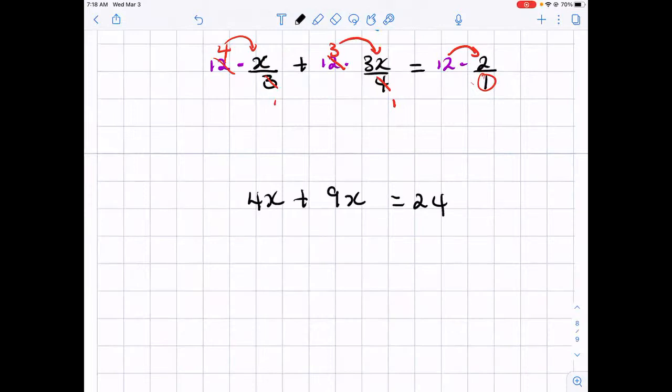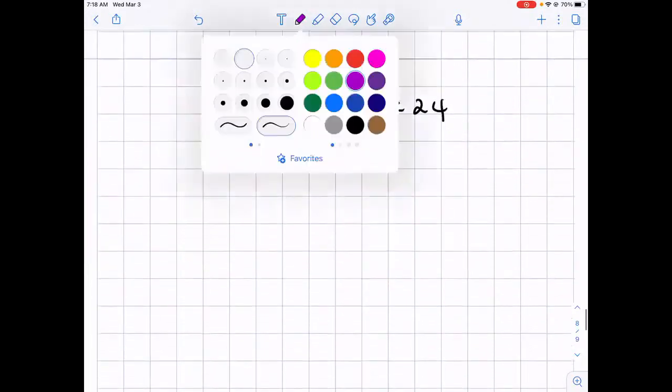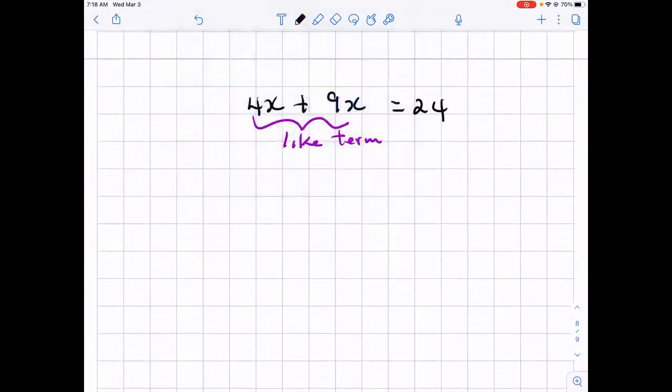So now what we do, we combine like terms. So if we combine the like terms, we have 9 plus 4 is 13x is equal to 24. And to get x by itself, we will divide both sides by 13.